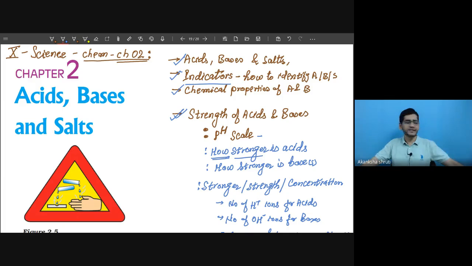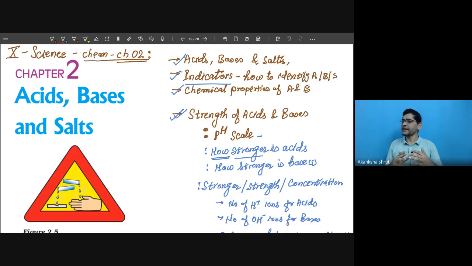To indicate the strength, meaning the number of replaceable H plus ions for acid and OH minus ions for base, we use a scale called the pH scale to quantify how much H plus ion is given by the acid. Some acids give more H plus ions, others give fewer.